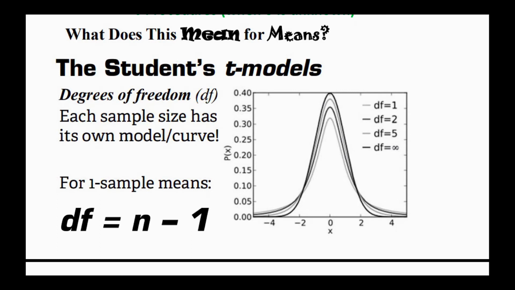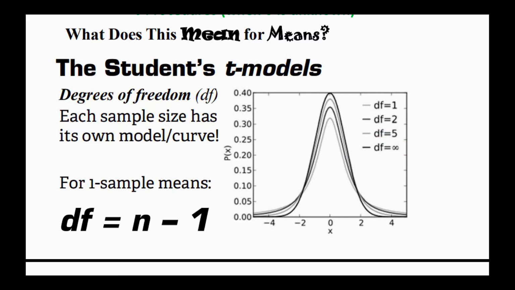So df equals 1 means I have a sample size of 2. df equals 2 means I have a sample size of 3. df equals 5 means I have a sample size of 6. df of infinity means I have an infinite sample size, which I can't get, right?